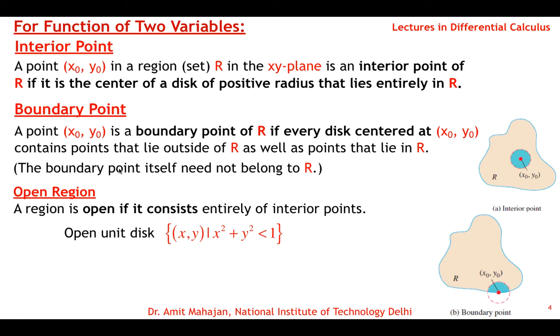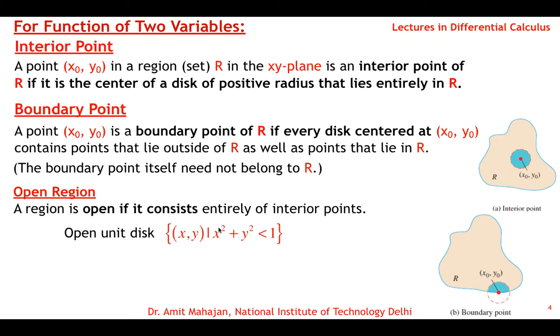Okay, so open region: a region R is open if it consists entirely of interior points. So any region we will call open if it contains only interior points. For example, the open unit disk. Okay, so all the points x y which satisfy x square plus y square strictly less than 1 will be only interior points.